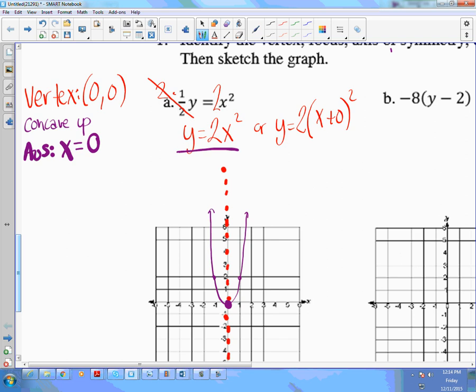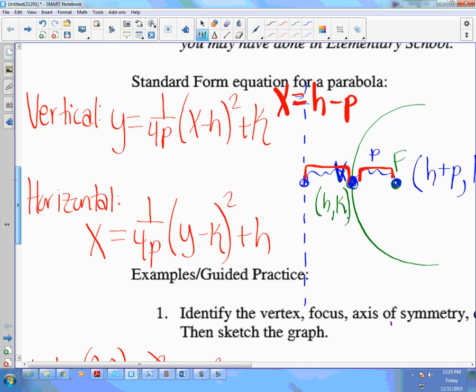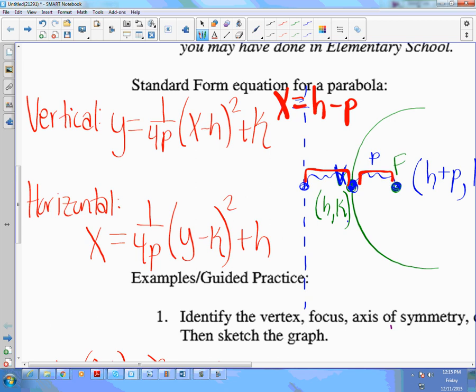Okay, I think the only two things left to find are the focus and directrix. And we do that by finding the value of p, that gap between the focus and the vertex. If you look up at our equation that's set up, we have y equals something times x squared plus k. H and k were 0.